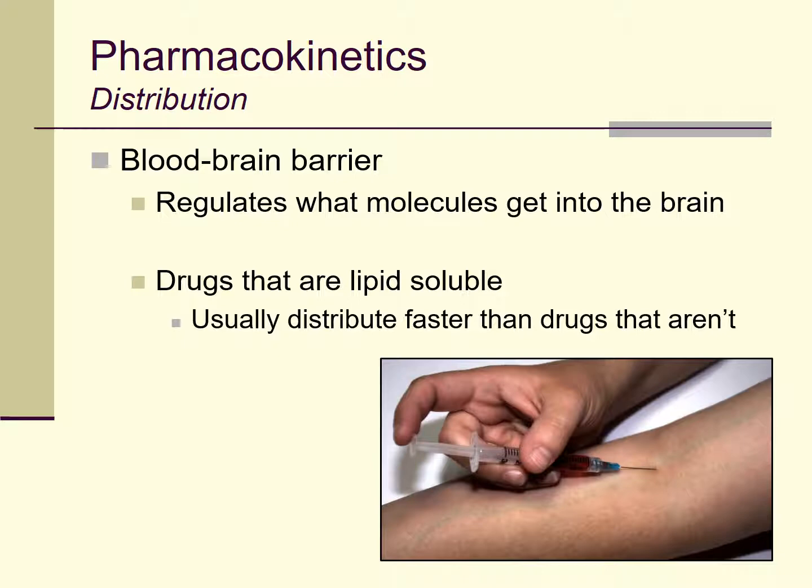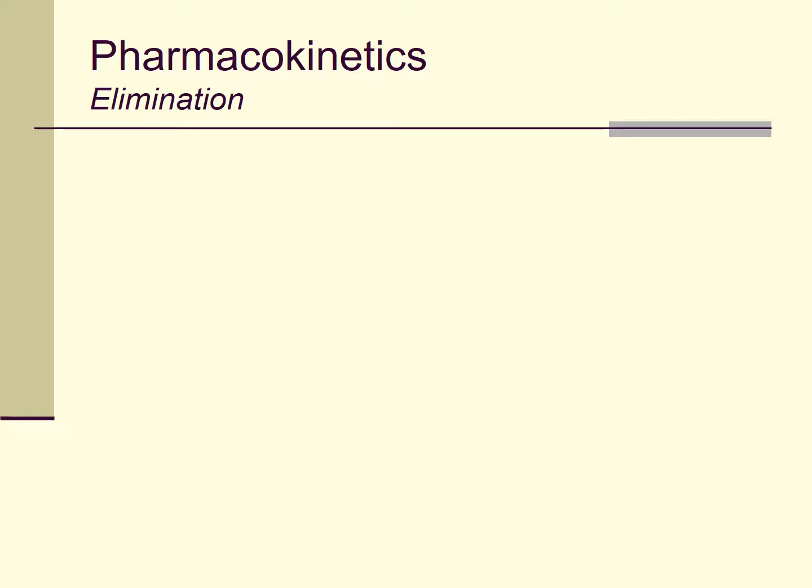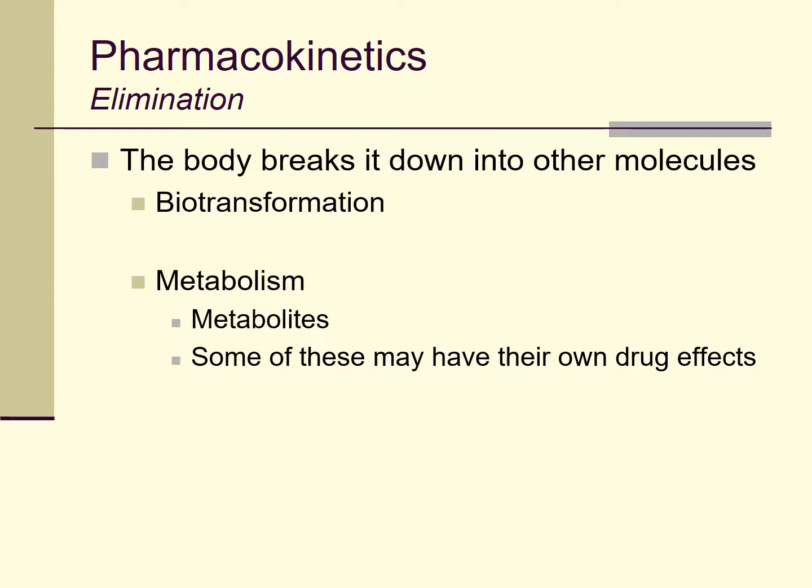So to quickly step back and review, there are different ways that drugs get into your body. There are different factors or variables that affect how drugs distribute within your body. When we think about pharmacokinetics, we think about how drugs are eliminated from your body. Your body almost immediately begins to break down the molecules in various drugs into other, more basic molecules to metabolize them.